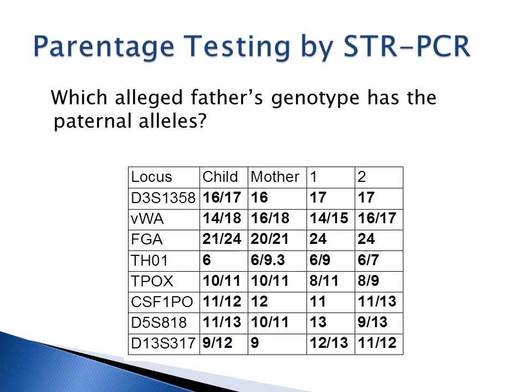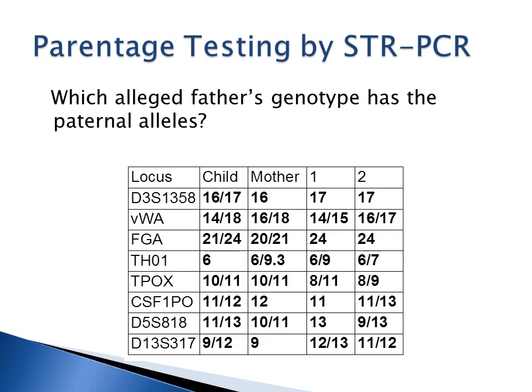At the TH01 locus, the child is 6,6, the mother is a 6 and a 9.3. Notice that the mother has a microvariant there. The alleged fathers are 6,7 and 6,7. So the child is 6,6, so it got the 6 from the mother and a 6 from the father. Both alleged fathers have a 6. TPOX, child is 10,11, mother is 10,11. Father 1 is 8,11 and father 2 is 8,9.